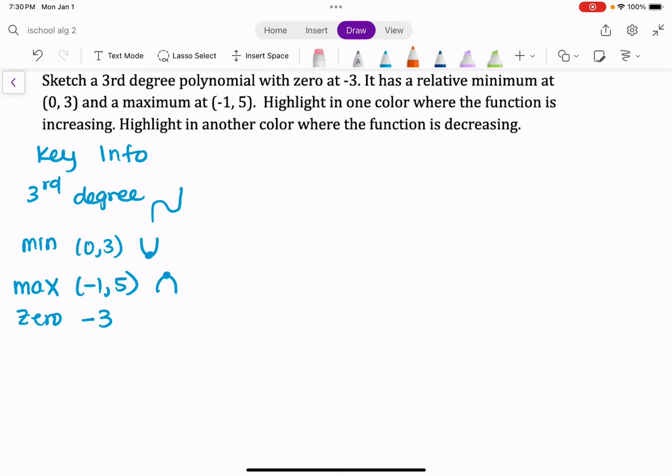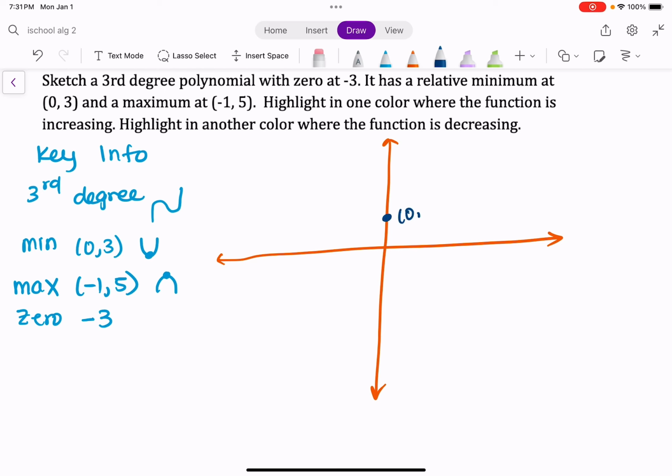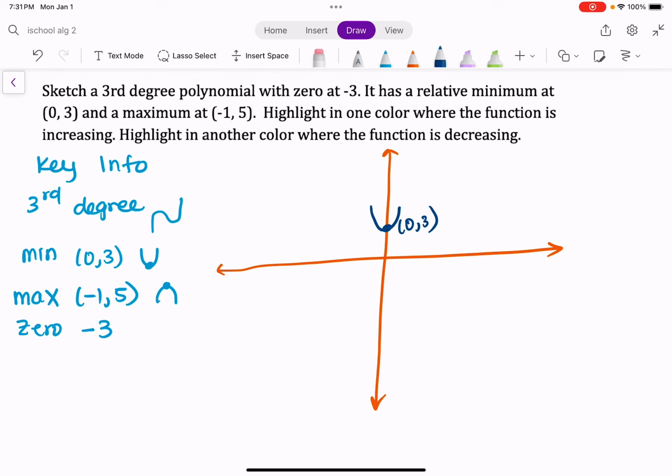So we're just going to sketch this. So I'm going to draw my coordinate plane. I'm going to start by making my min. So I'm going to decide that 0, 3 is right here. So this is 0, 3, and I'm going to make my min, okay? I'm going to now put my max. So max is -1, 5. So I know that it's going to be up above the 3, right?